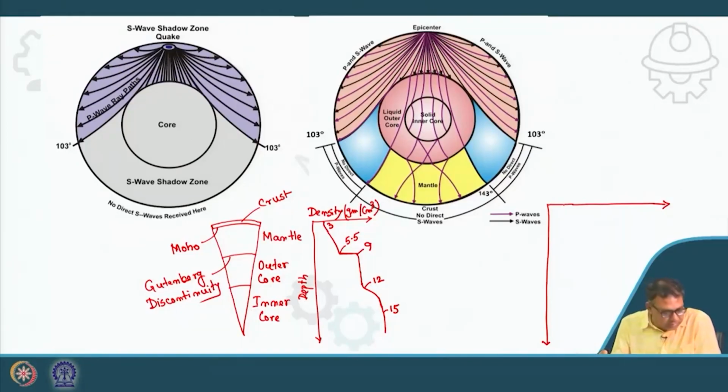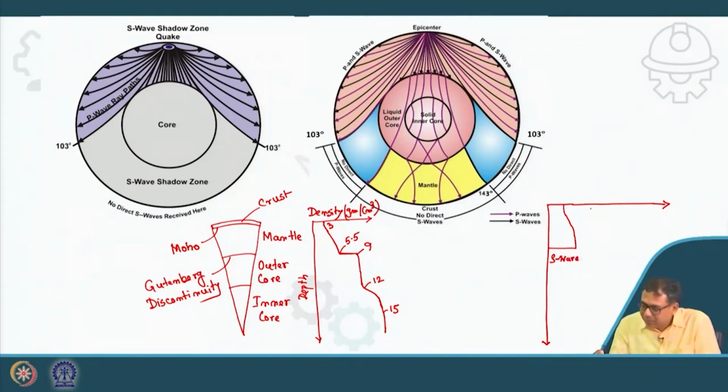The velocity will increase from the crust to the mantle. Then it will become 0 at the boundary between the mantle and the outer core, because the outer core is liquid in nature, so the velocity will be 0; it cannot pass through the outer core. That is the S wave, okay?